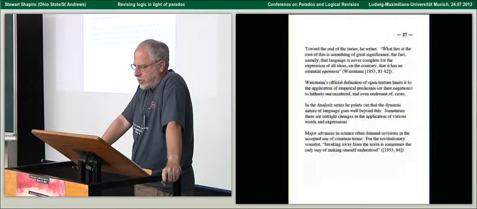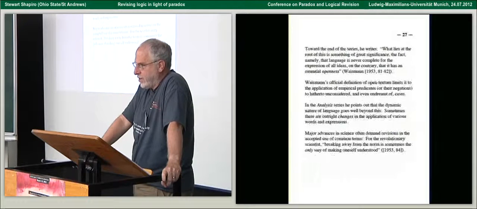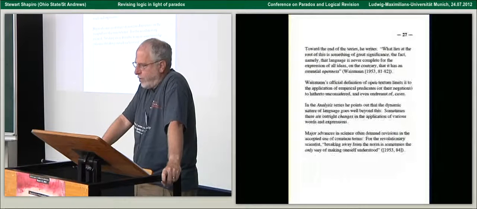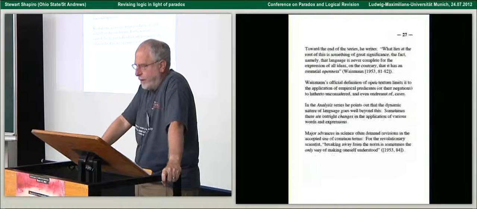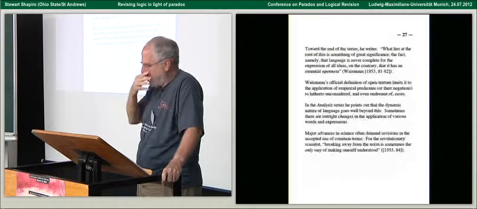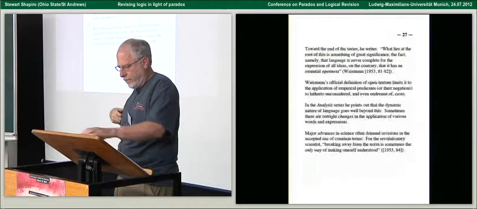Sometimes there are outright changes in the application of various words and expressions. He argues, and I think his examples are rather intriguing, that advances in science often demand revisions in the accepted uses of common words. For the revolutionary scientist, breaking away from the linguistic norm is sometimes the only way of making oneself understood.